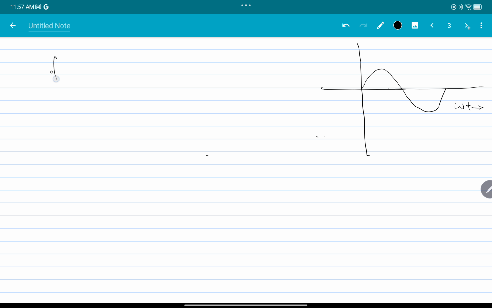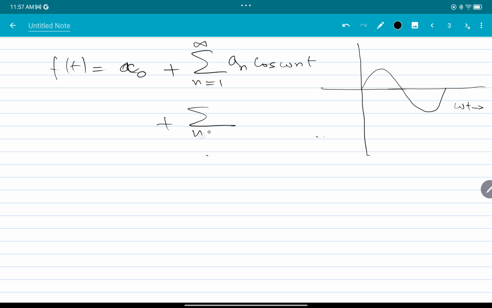Let's first write the Fourier series that we have till now: f t is equal to A0 plus the sum from n equal to 1 to infinity of an cos n omega t, plus the sum from n equal to 1 to infinity of bn sine n omega t.